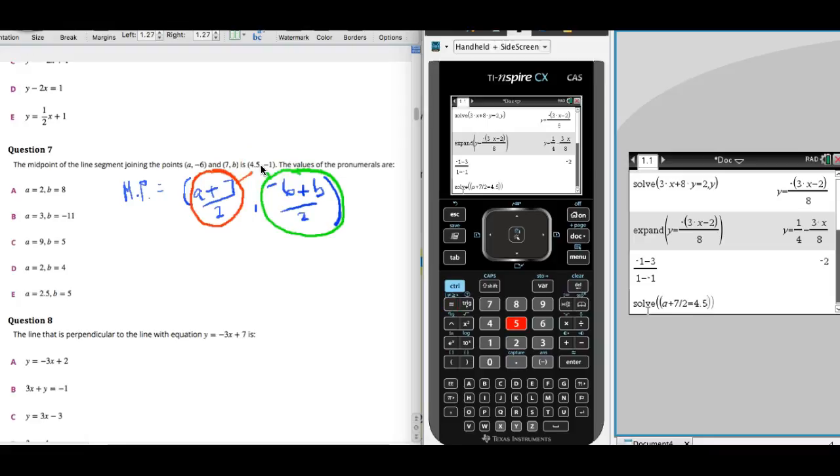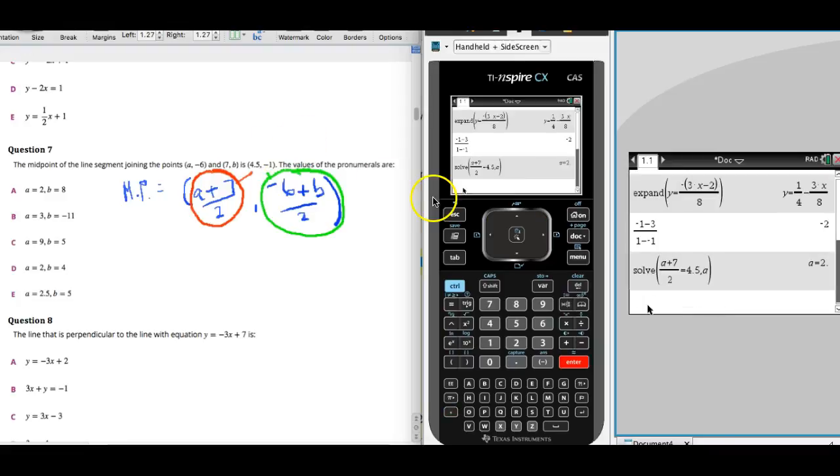Okay, so I'm just worried about the x part at the moment, comma a. Just check that you've done it correctly, because if you forgot to put a bracket, okay, yep, that is a plus 7 over 2 equals 4.5. A is equal to 2.